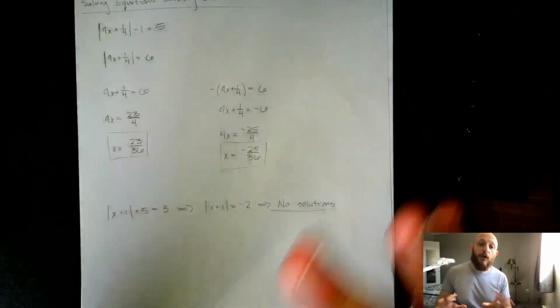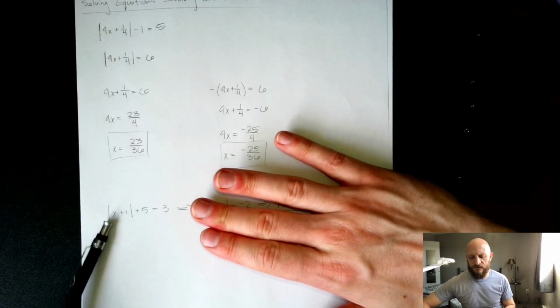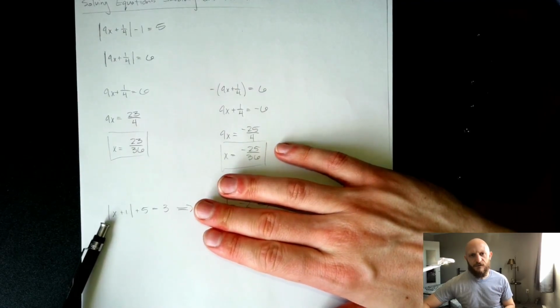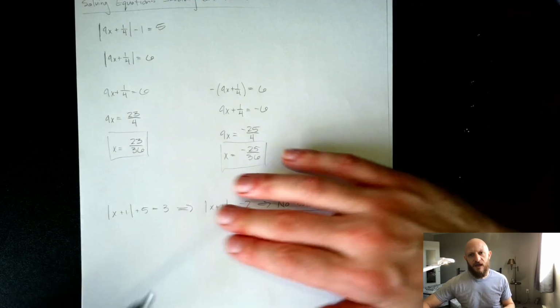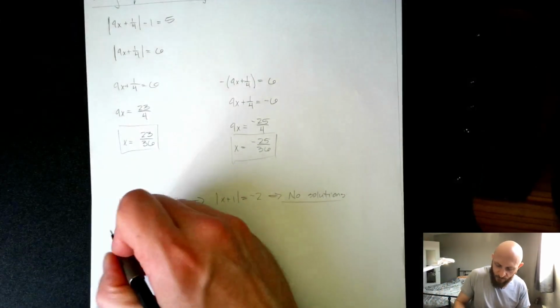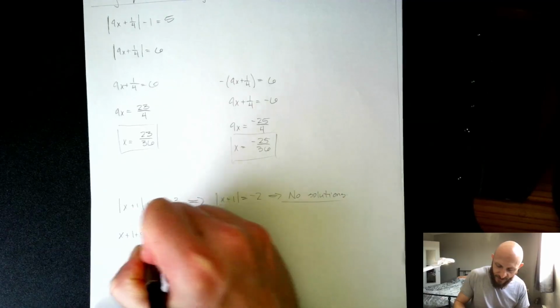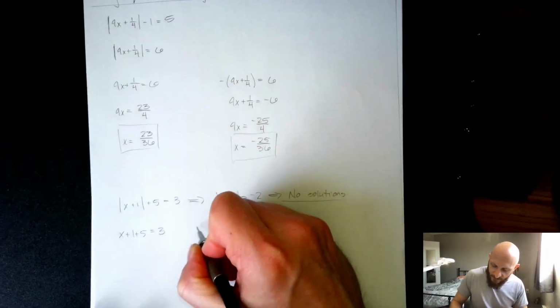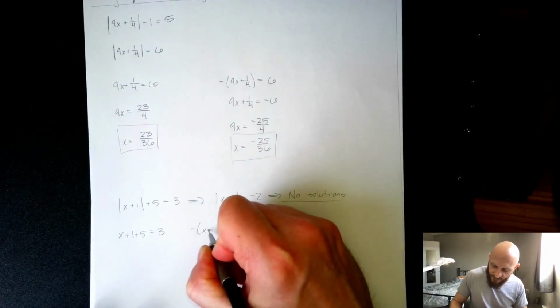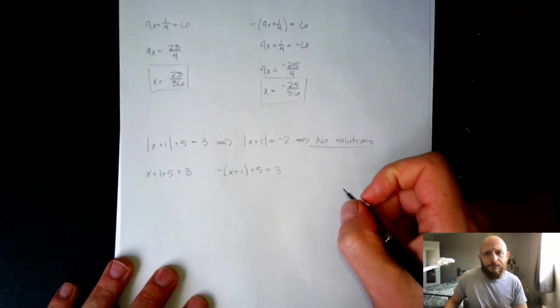But suppose you didn't think about this. Suppose you didn't do this step, and you just decided to take this absolute value term without subtracting 5, and you just solve it. What happens? Well, we would end up with two equations: x plus 1 plus 5 equals 3, and the other one would be negative of x plus 1, plus 5, equals 3.